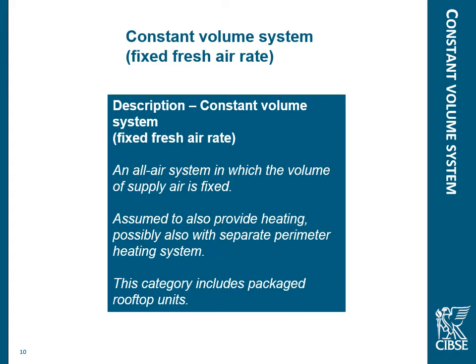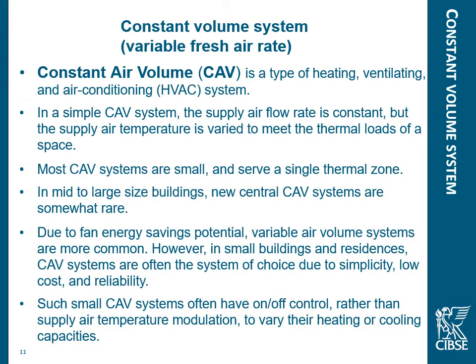Now, if we want more control over the air that we have in our room, or more control over the temperature, we can use constant volume. This delivers air at a fixed fresh air rate, but we can vary the temperature. Whereas on the VAV, we can vary the volume, but it's a fixed temperature. So this is a simple CAV system.